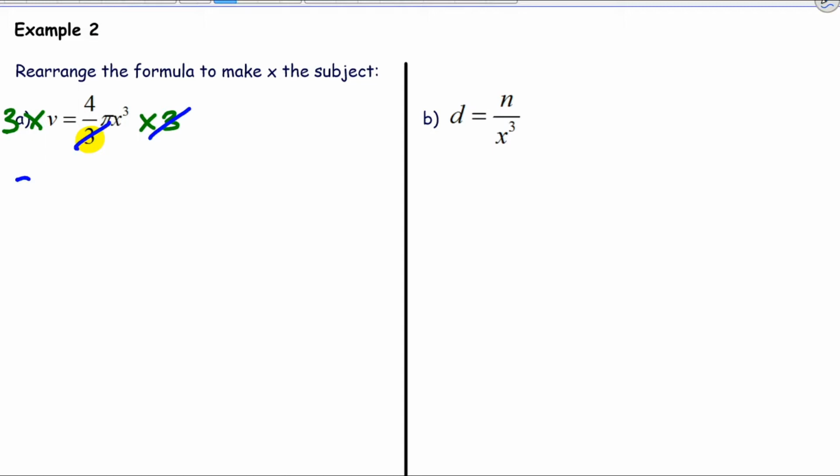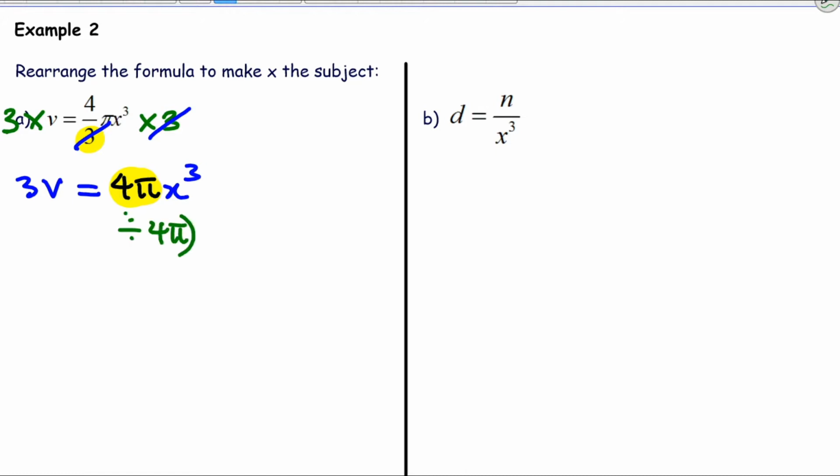So we have 3v is equal to 4 pi x cubed. Then from there, by inspection, we can see that 4 pi is multiplied by x cubed. The opposite of multiplying by 4 pi is dividing by 4 pi.